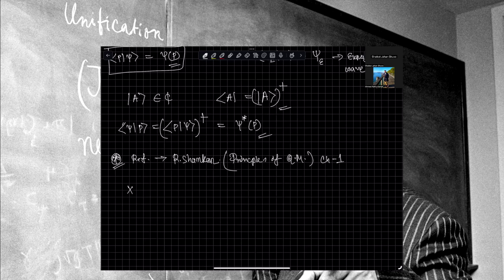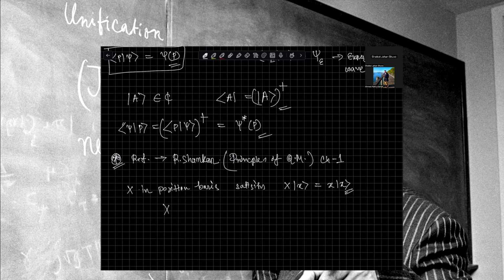So the operator representations are the following. The X operator, in position basis, I mean, they look different in different bases, satisfies: X acting on the position basis vector gives you the value of the position. So it satisfies an eigenvalue equation.